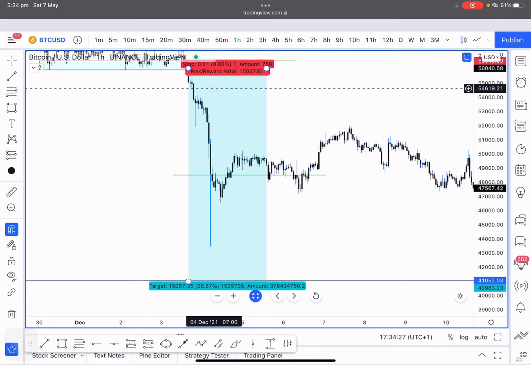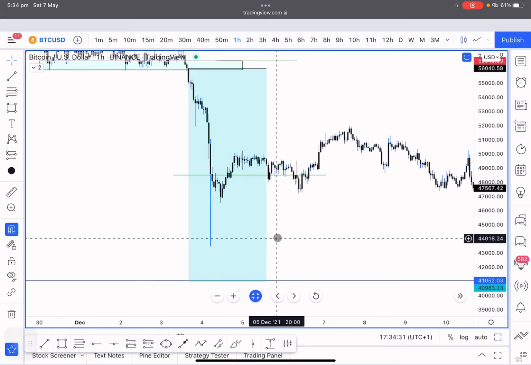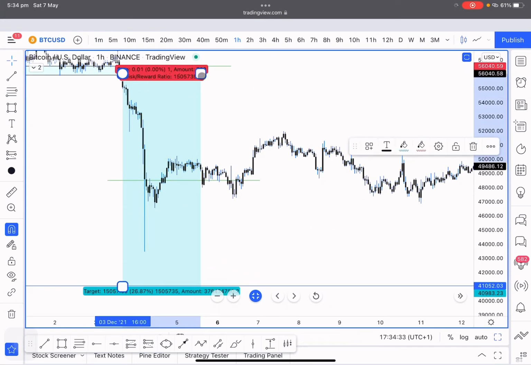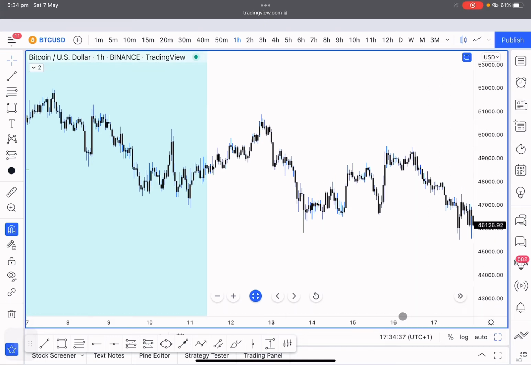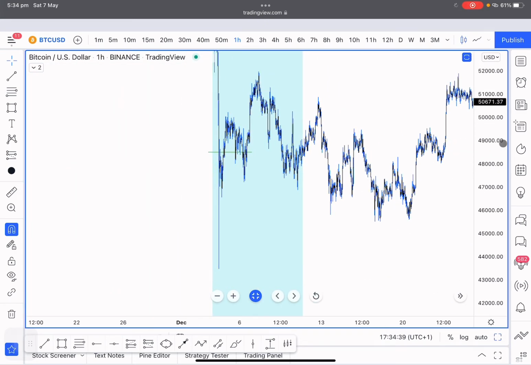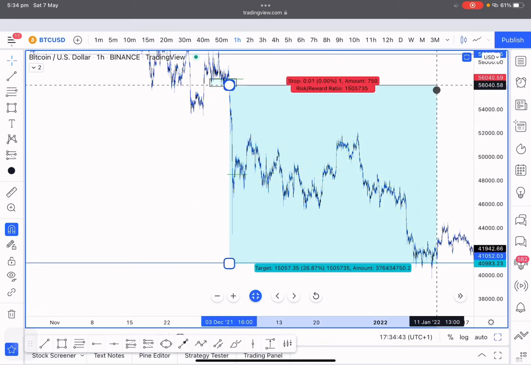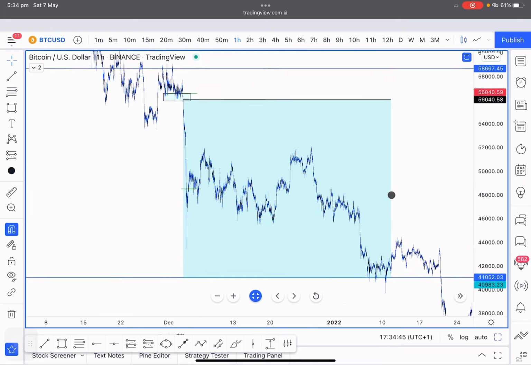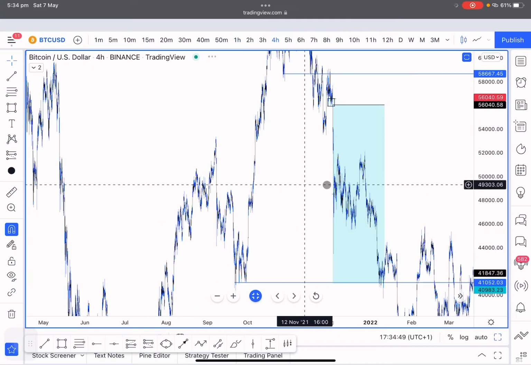I've already secured 3 times my risk and closed 80% of my position, and I let the rest run. You can see with time, your trade would eventually get hit. It took some time, but this is more of a long-term trade. It took a few hours to get there.